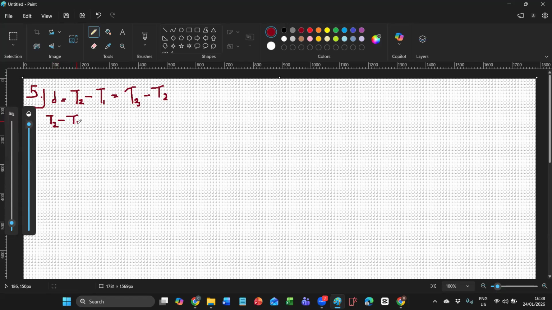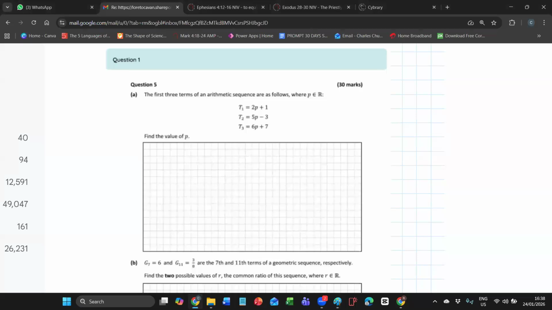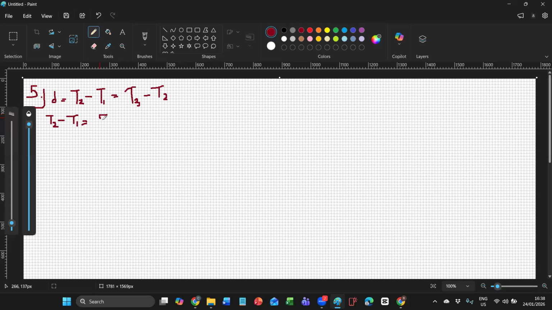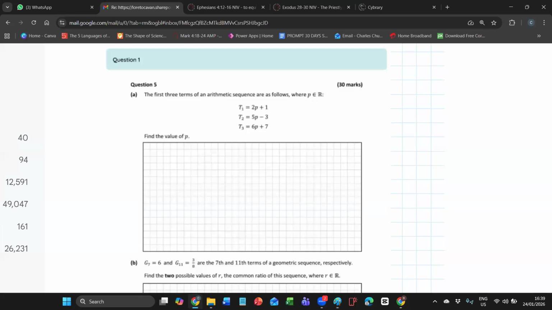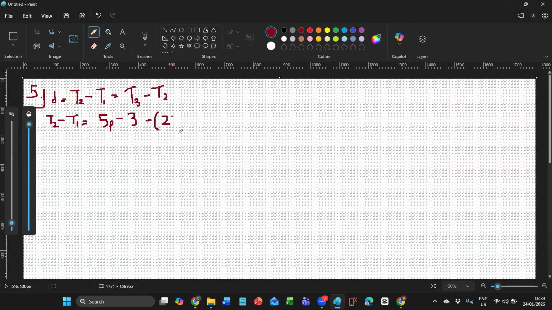So T2 minus T1, based on what the question tells us, T2 is 5P minus 3, minus, now I have to put a bracket because things may get messy with a minus here, T1, which is 2P plus 1.